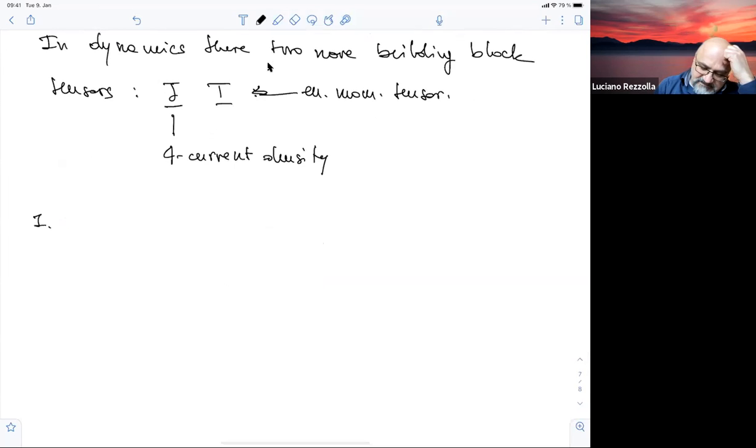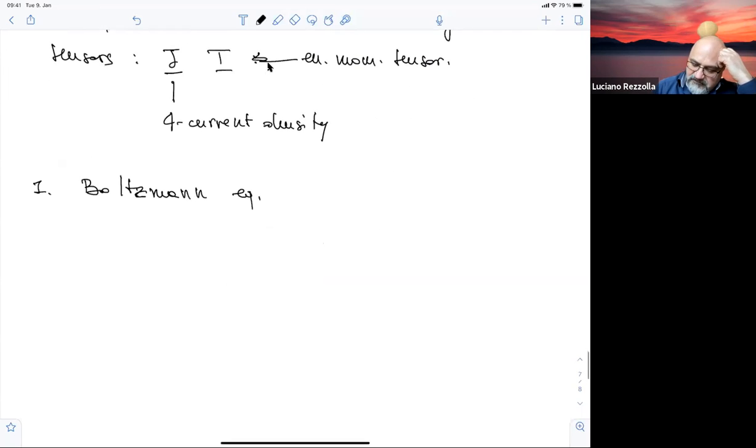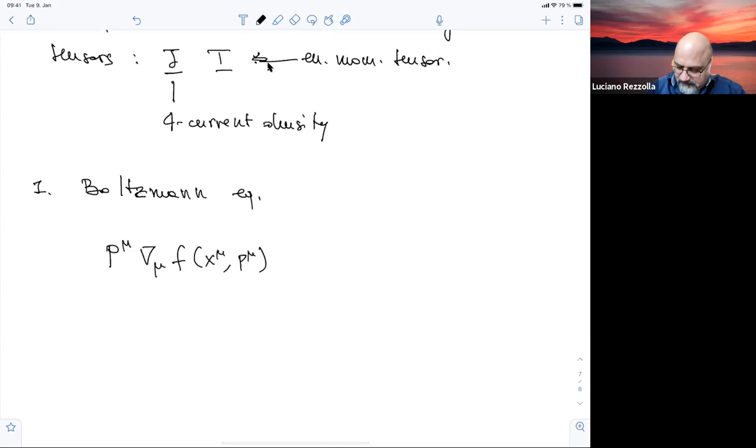There is one first way, which is, if you want, more fundamental, and it makes use of the Boltzmann equation. Imagine that you have a Boltzmann equation, which is a conservation equation for the distribution function. So it's something of this type. P mu, defined as m u mu, is the four-momentum.